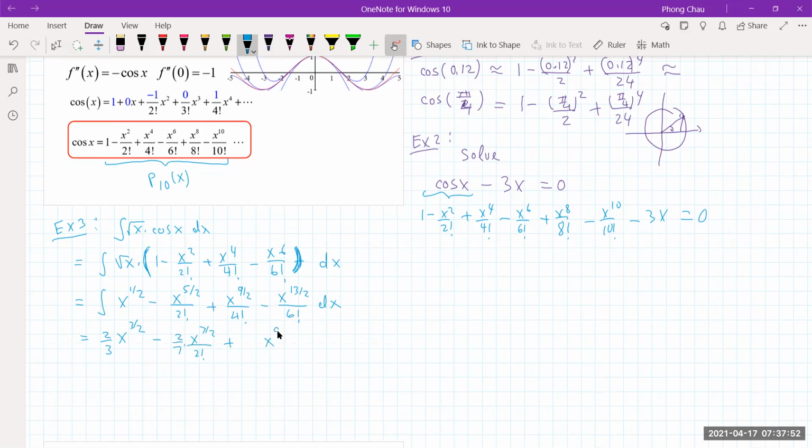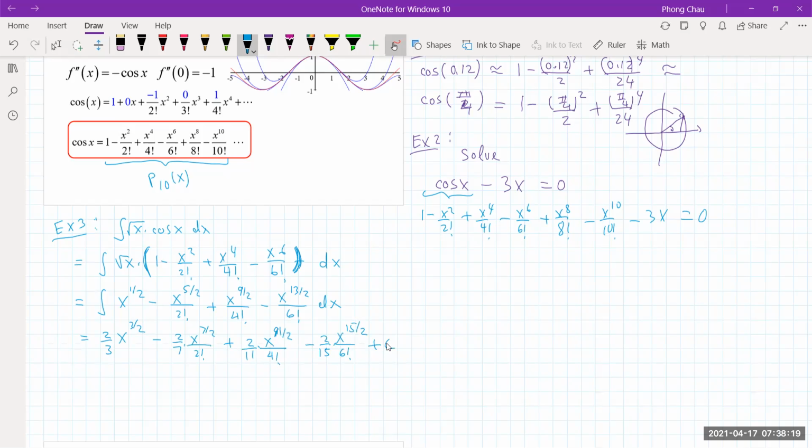So x to the 9/2 plus 1 is 11/2 over 4 factorial times 2 over 11, and minus x to the 15/2 over 6 factorial times 2 over 15.